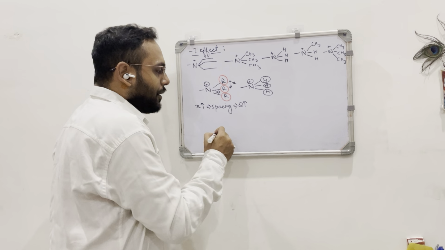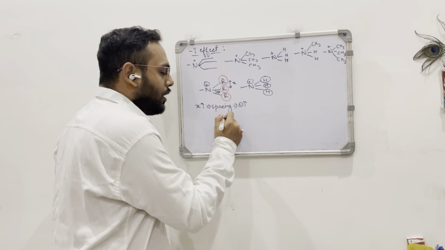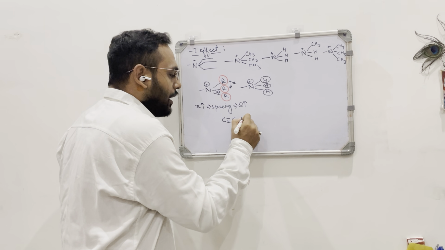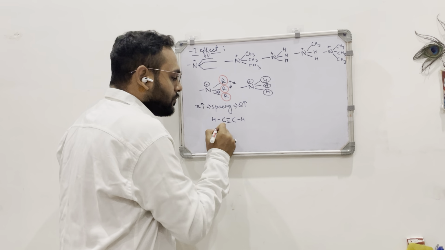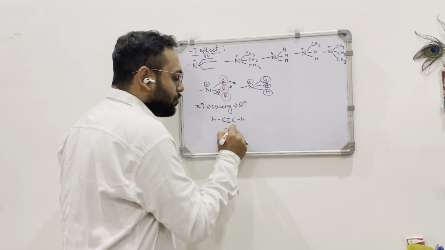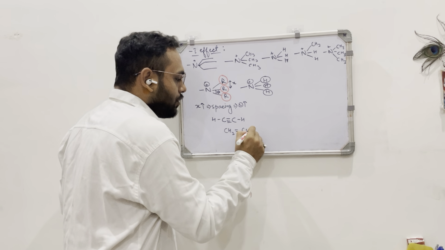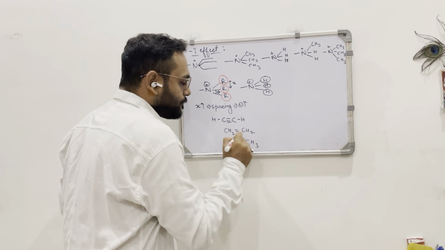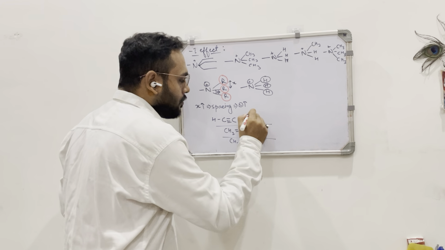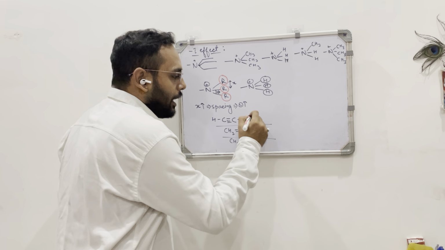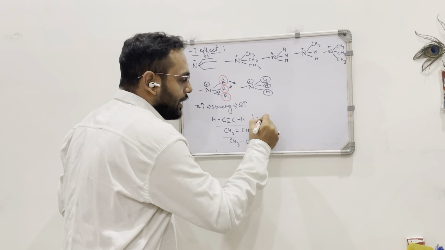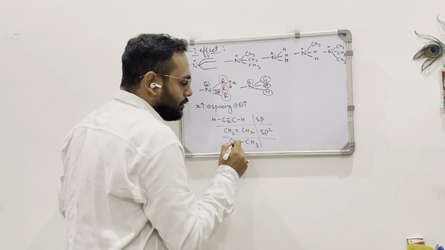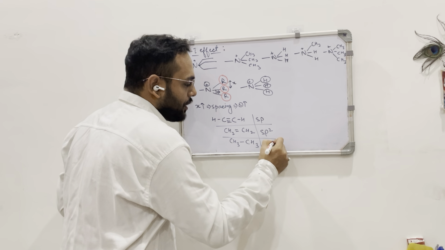Suppose I am taking three compounds: carbon triple bond carbon hydrogen, CH2 double bond CH2, and CH3 single bond CH3. The hybridization of carbon in the first compound will be sp, in the second sp2, and in the third sp3.